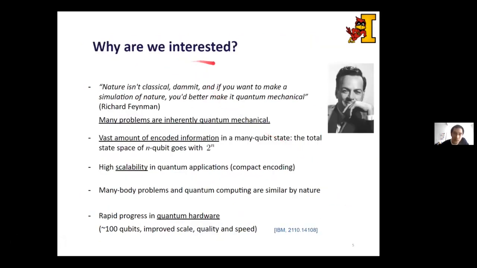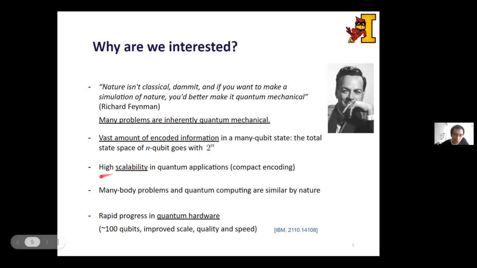So why are we interested in using quantum computers? So just like Richard Feynman says, nature isn't classical. So if you want to make a simulation of nature, you better make it quantum mechanical. And there's a vast amount of encoding information in a many-qubit state. So the total state space of n qubits goes with 2 to the n. So nature does all this calculation for you when you apply the unitary operations.